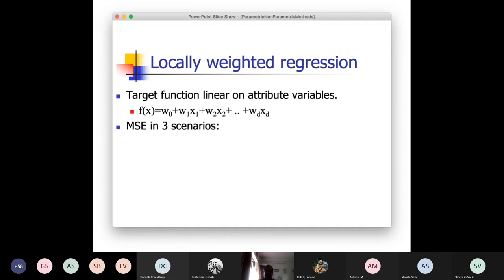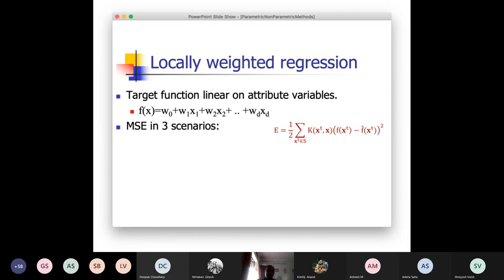So you can find out, for example, k nearest neighbors, and you can have a local fit of this function using those nearest neighbors, and estimate the functional value. So at each time, you have to really solve this problem using, for example, say k nearest value. So you can define a mean square error criteria, and it could be of 3 scenarios using k nearest neighbors.